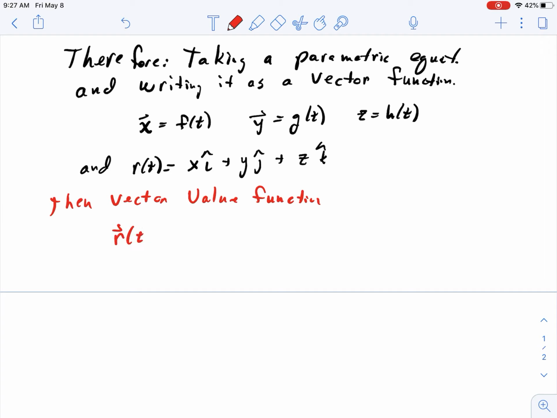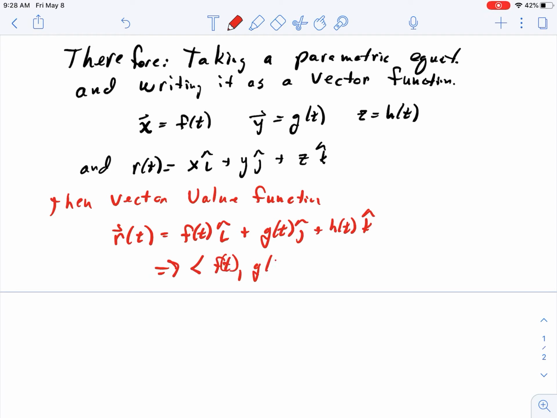It's now an r vector of r of t, and we put this as a function of t: f of t for my i hat, plus my g of t for my j hat, and my h of t for my k hat, or basically which implies my vector of f of t, my g of t, and my h of t. Okay.